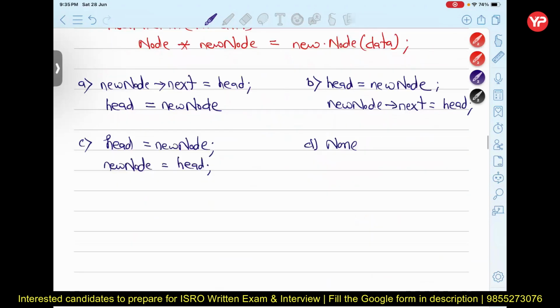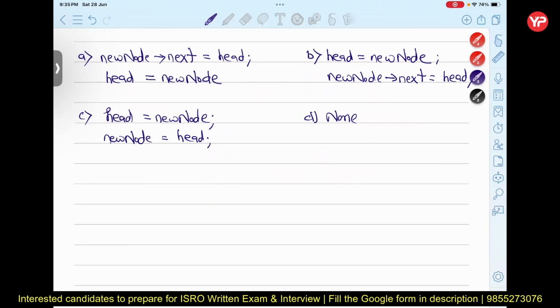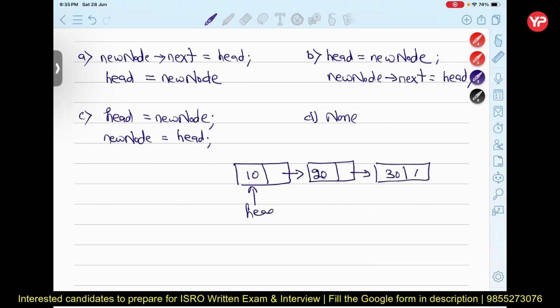Before finding the answer, we need to find out what the structure of my linked list is. Suppose 10, 20, 30, and 8. We have a pointer pointing to the first node, or the starting node, of my linked list.